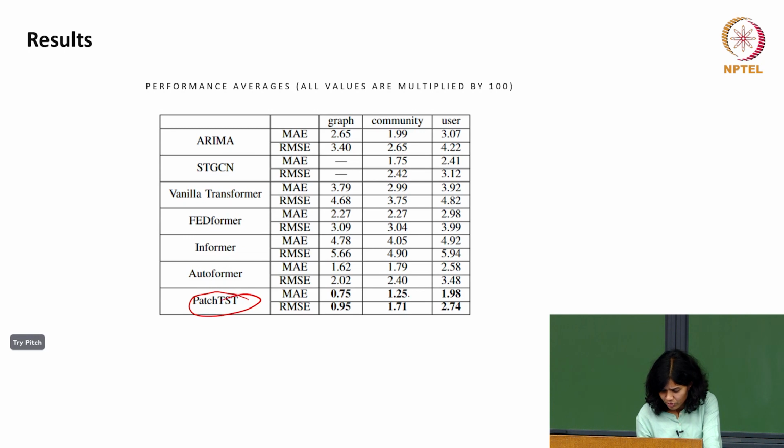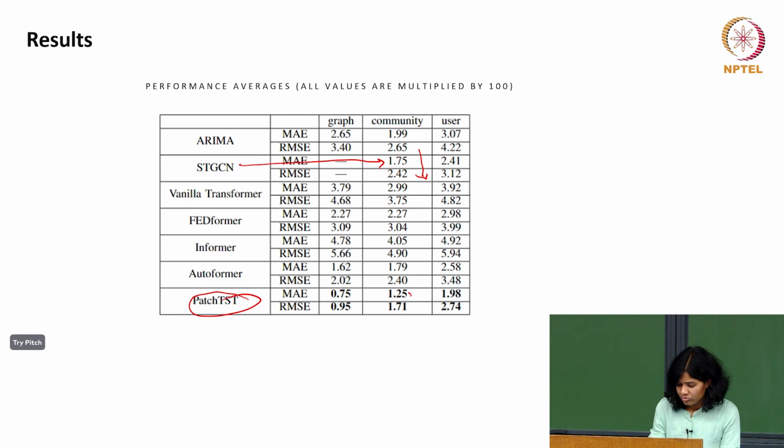Even for community, this is the least, and for user neighborhood level, this is the least, right? But if you see the trend in general, ARIMA does very well. But if we are adding the graph structure here, if you see STGCN, they both are going down, right? So the graph is playing a role here.